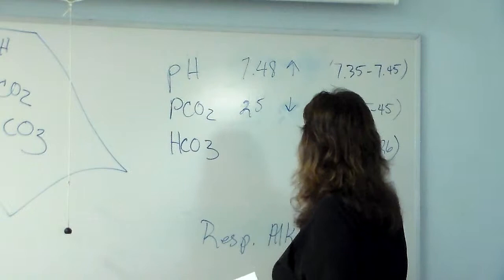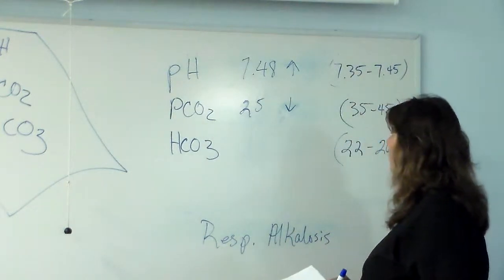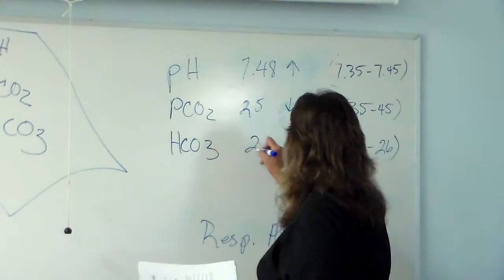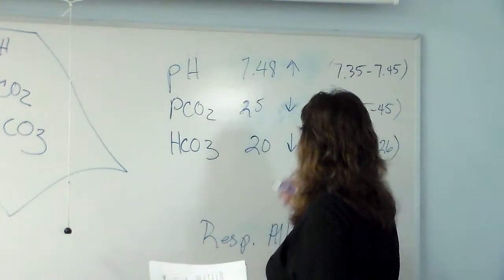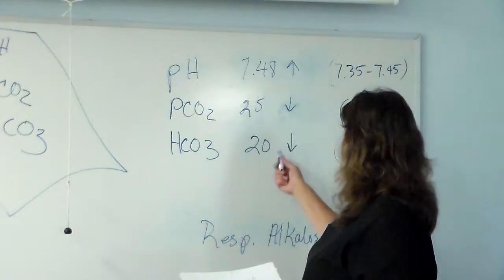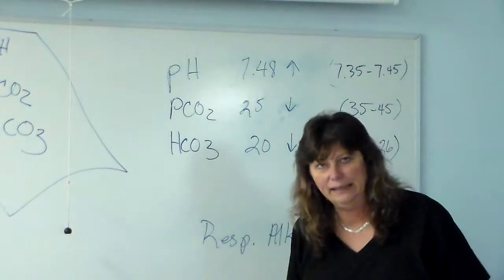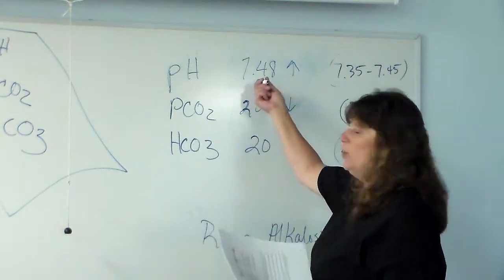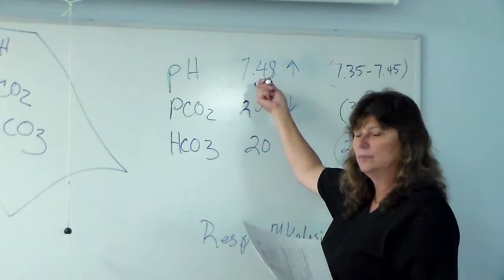Okay, I got another case of respiratory alkalosis here. My bicarb is now 20. It's low. If this was to be metabolic equal, these would be in the same direction, but they can't be. They just can't be. We have an alkalotic situation.